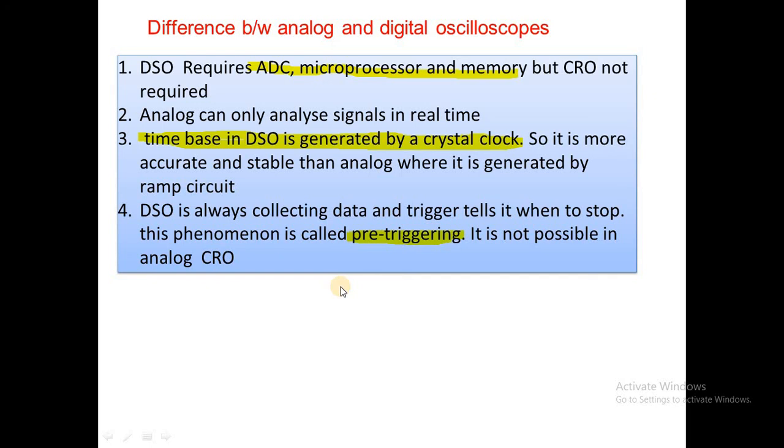The time base in a DSO is generated by a crystal clock, so it is more accurate and stable than the analog one, where it is generated by a RAMP circuit.